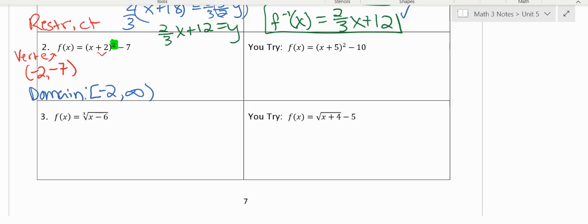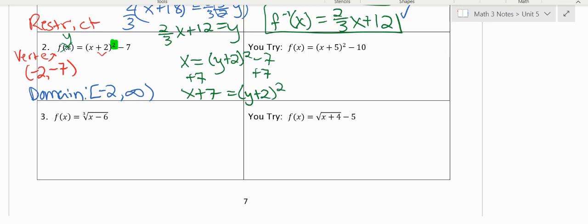So I'm going to rewrite this. This is the same as having y. So I'm going to rewrite and switch x and y. So it's x equals (y plus 2) squared minus 7. And then I'm going to add 7. And then we're going to square root both sides.